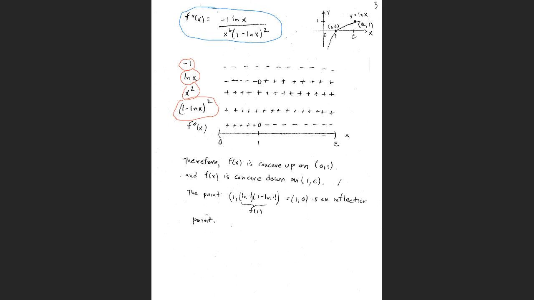And of course, the x is going to be from 0 to e. You know, the domain is from 0 to e. So that's the only thing I draw for my chart in terms of the domain.